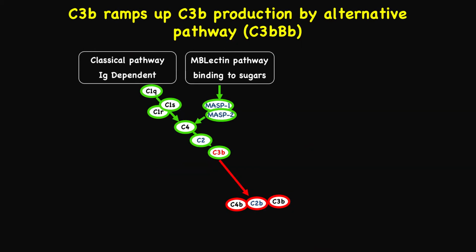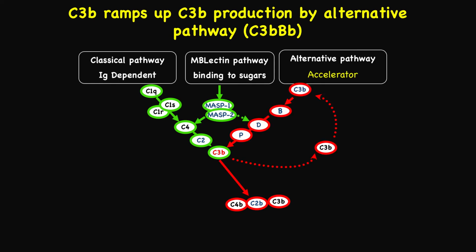So what you may or may not know is that when this pathway gets going through either of those mechanisms, and you generate C3b, the breakdown fragment of C3, the alternative pathway gets kicked in. And the alternative pathway is sort of like stomping your foot on the accelerator.